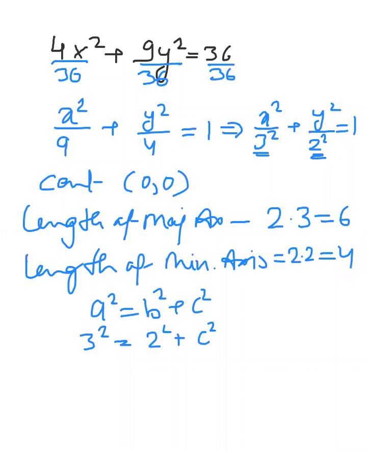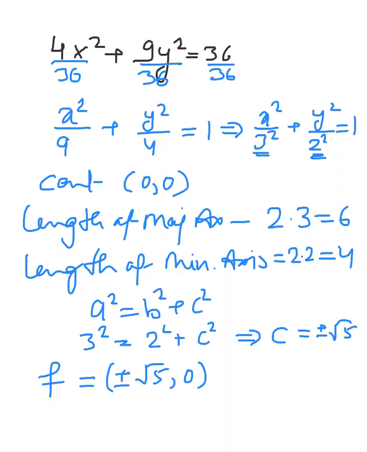So 9 minus 4, c is equal to plus minus under root 5. So coordinates of focus will be (±c, 0), that is (±root 5, 0). These are the coordinates of the focus.